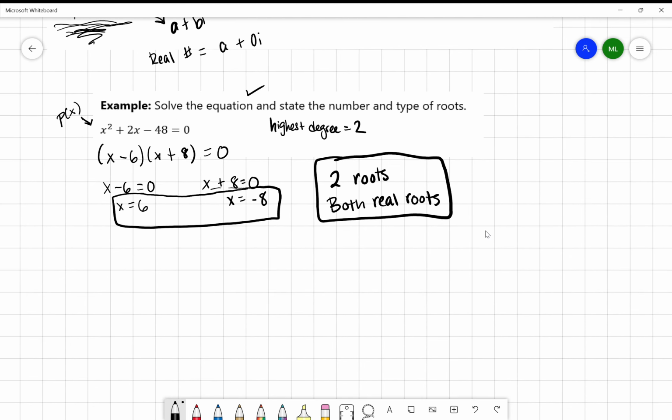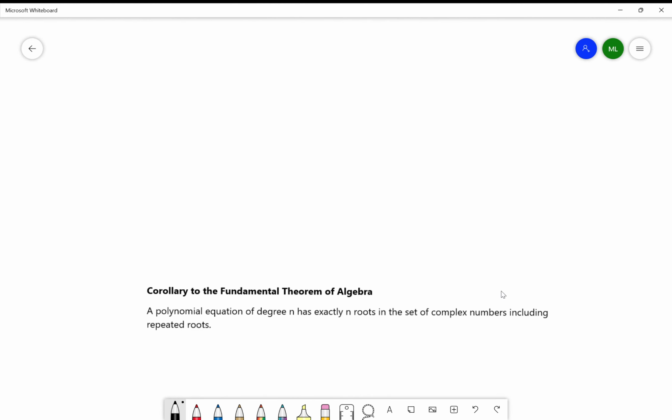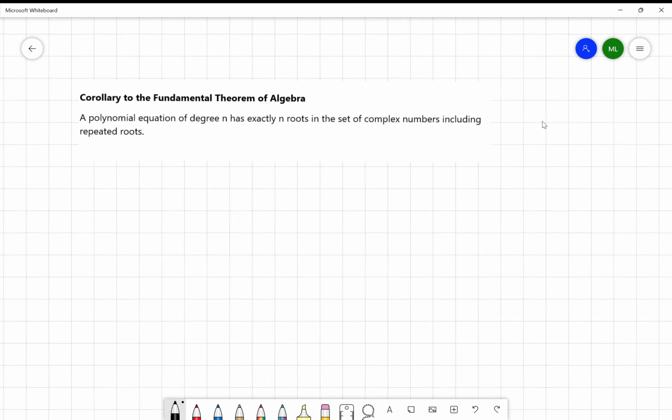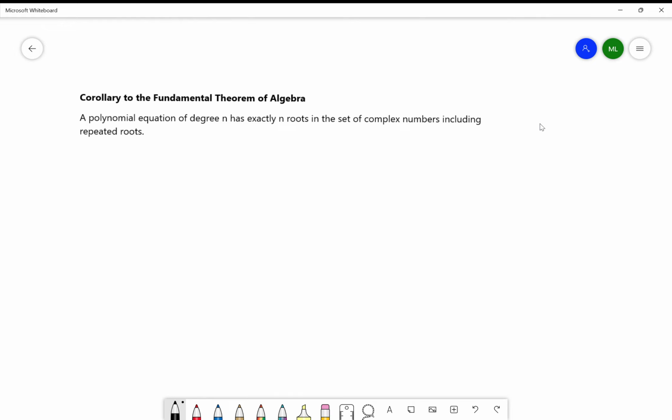So that was an example. Now moving on, the final thing I want to talk about is the corollary to the fundamental theorem of algebra, which states a polynomial equation of degree n has exactly n roots in the set of complex numbers, including repeated roots.